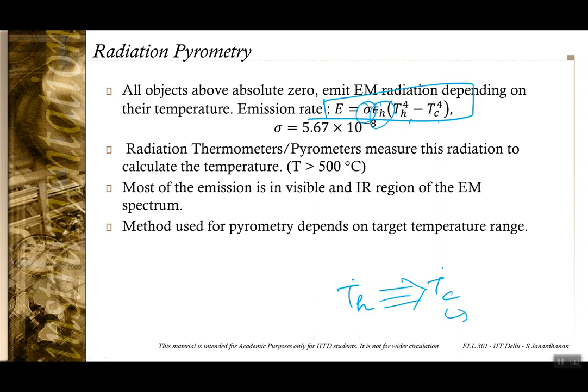Okay, and these sort of parameters are generally used for measurement of high temperatures, or temperatures greater than 500 degrees centigrade, above the range at which thermocouples can generally be used.